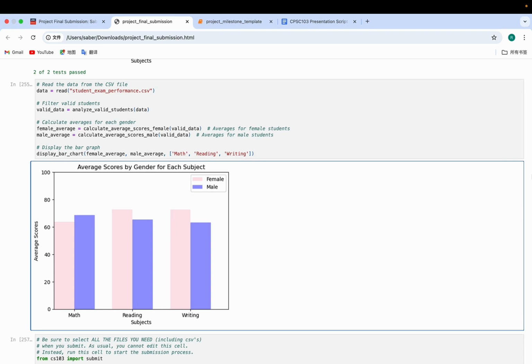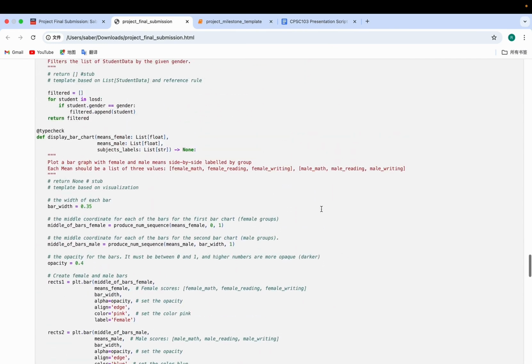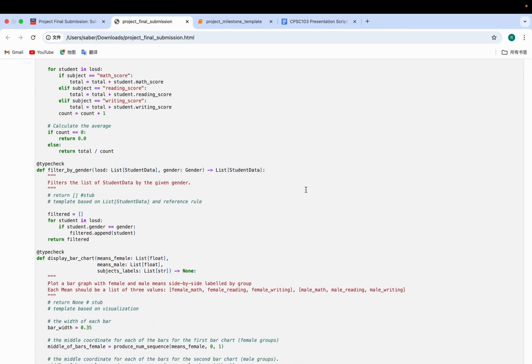Throughout the project, the biggest problem we faced was generating the final chart. We found that the previous code logic would directly affect the accuracy of the results. For example, the problem with the filter by gender function was really tricky. We found that when this function processed the data, the filtering conditions were not set strictly enough, resulting in invalid data being retained, which affected the calculation of the average.